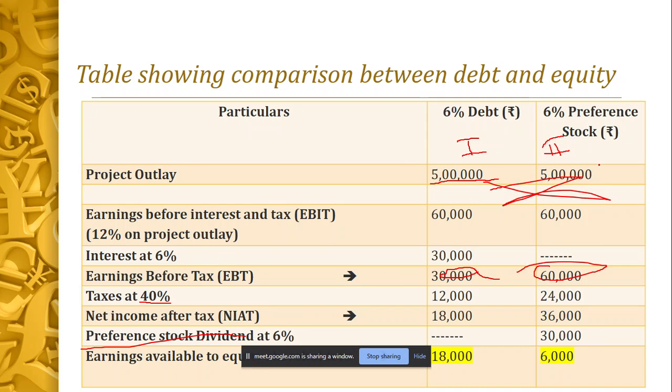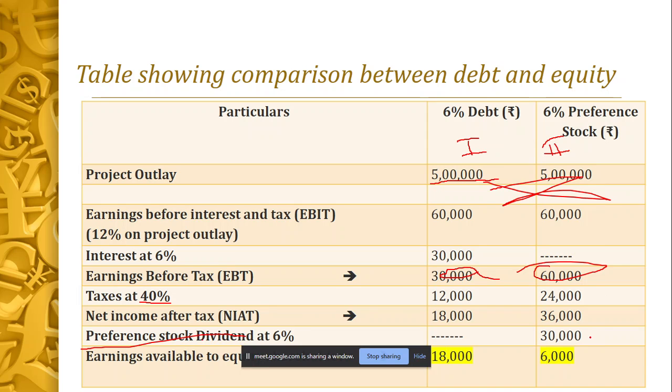Now, please see, when it is a tax and you have 40% tax, you will have to pay on the earnings before tax. So, 30,000 into 40% will be 12,000. When it is preference stock dividend at 6%, the 6% will have to be paid on the 5 lakh, the amount that you had brought as capital.